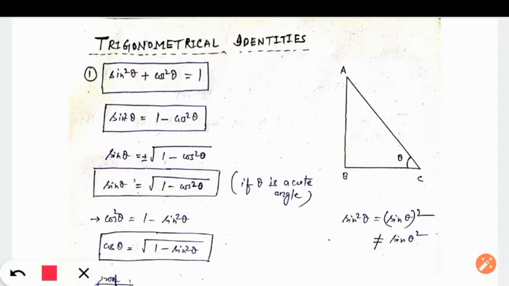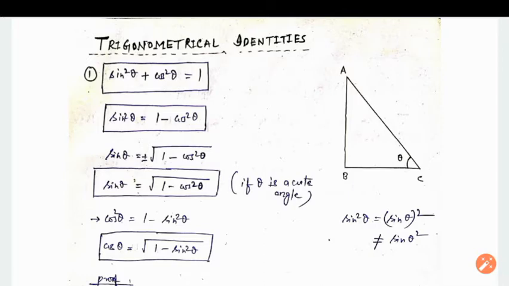Now this is what we have as the first relation in trigonometrical identities: sine square theta plus cos square theta equals 1. Now if I want to express sine theta from formula number 1, then we need to keep sine square theta in LHS, and cos square theta will go to RHS and become minus cos square theta. And if I want to remove this square, if I want to find only sine, then it will become root and bring plus minus in front.